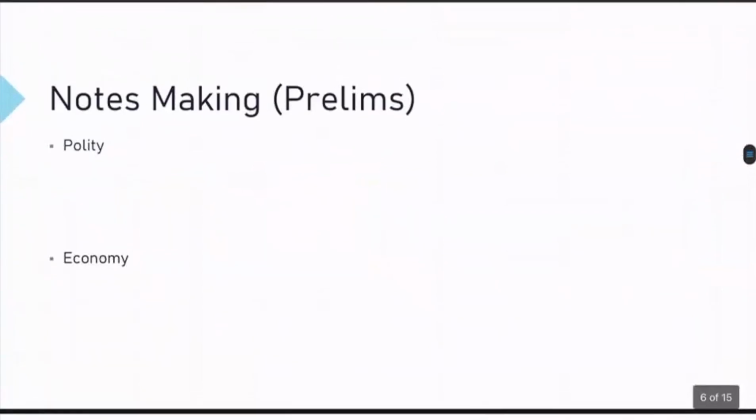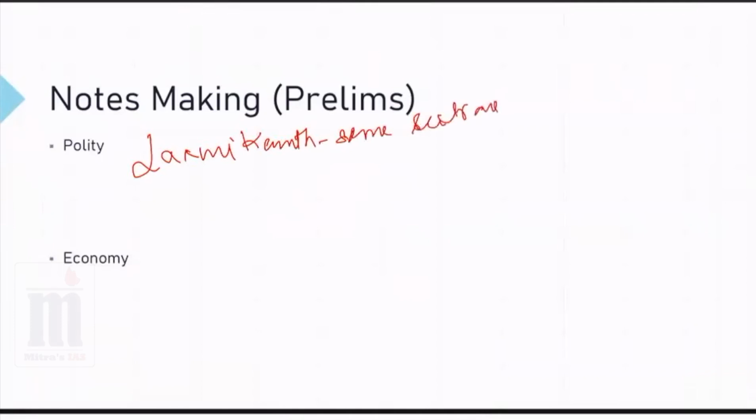Now coming to note making for prelims. How to make notes for polity. For polity, making notes from Lakshmikant is very difficult. What I did was I made notes from only specific sections, like the chapters in the end: constitutional bodies, non-constitutional bodies, which are quite factual.